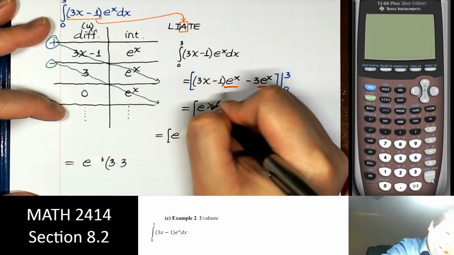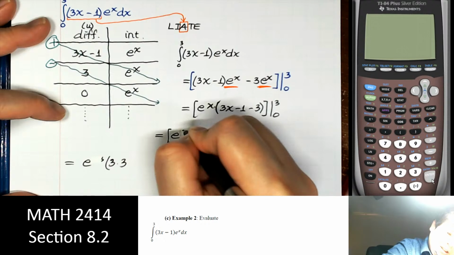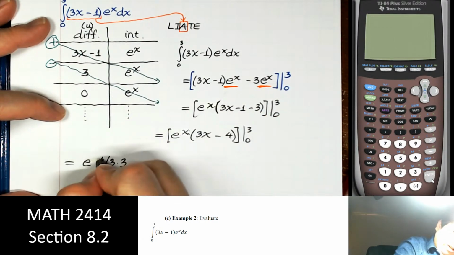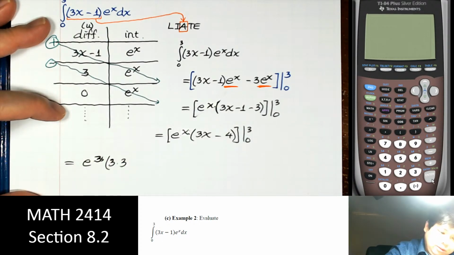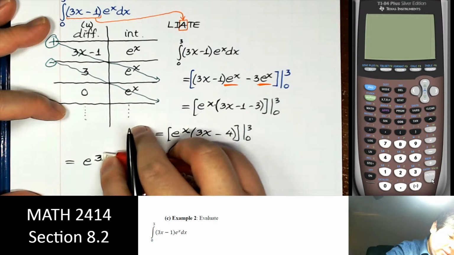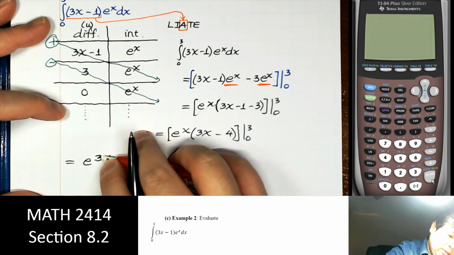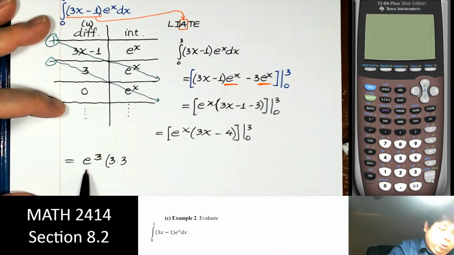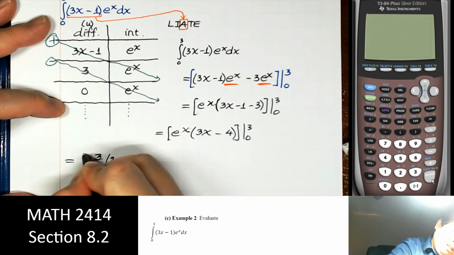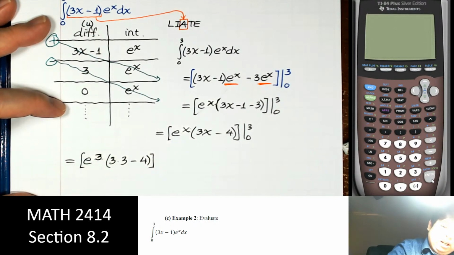E to the x. Put 3 in, so e to the third power, times 3 times 3 minus 4. That's where we put 3 in it.